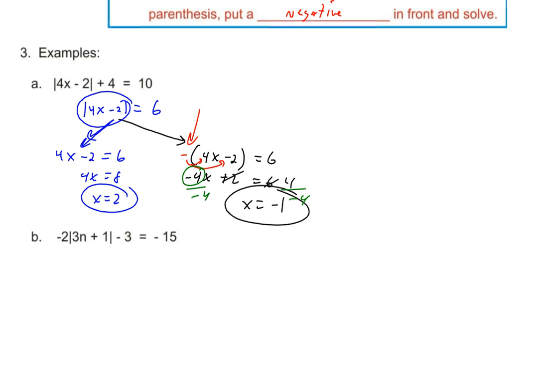That will allow you to figure out the first solution. The second solution is to get rid of the absolute value and put a parentheses and negative in front and solve, which allows you to find the second value. So it's a mathematical procedure that is allowing you then to figure out what the absolute value is. I don't know if that answered your question.